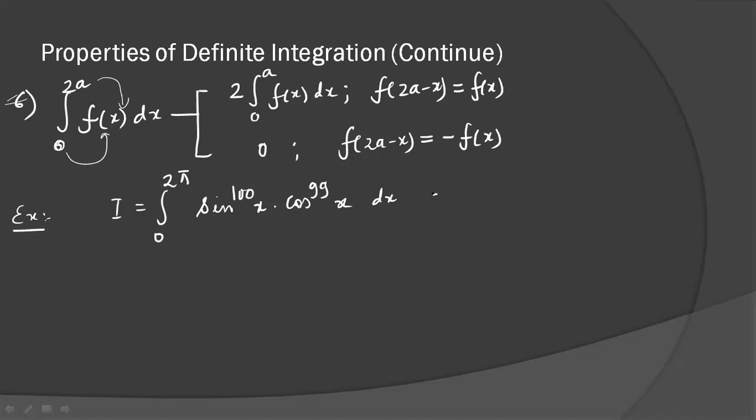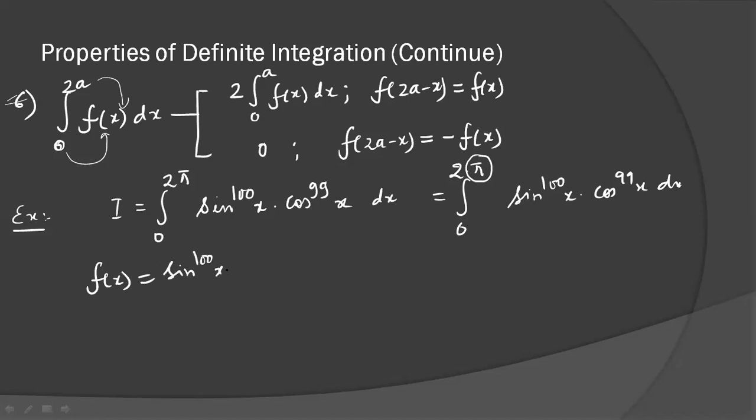So let's break it as 0 to 2 into pi. I want to split in the form of 2a, so the value of a is pi here. f(x) is given as sine to the power 100x cos to the power 99x. Let's check f of 2 pi minus x because the upper limit is 2 pi.